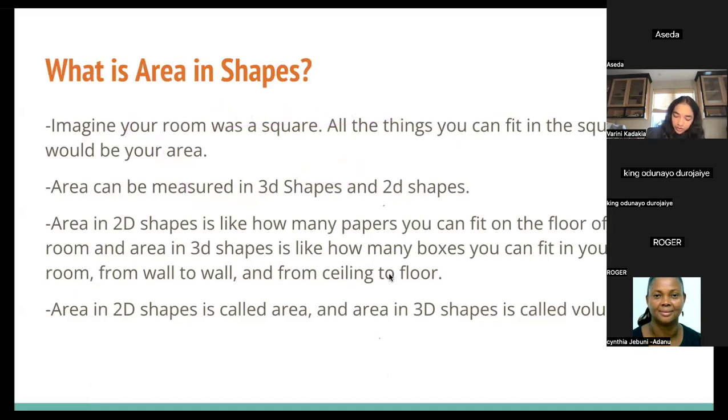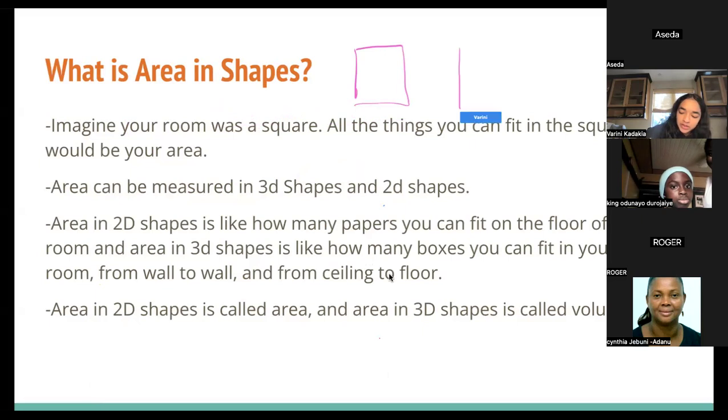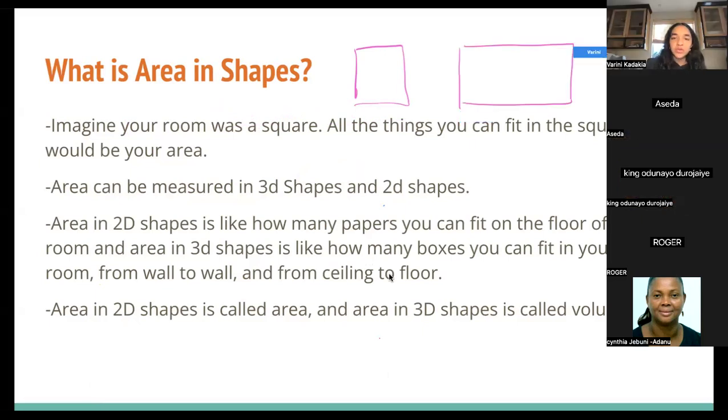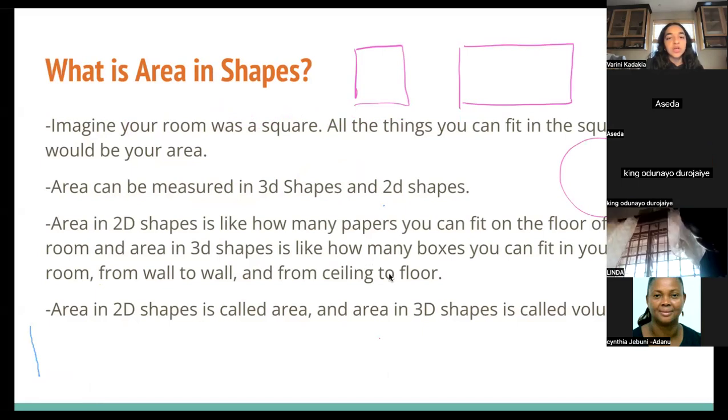You know how your room is maybe a square, or you have your computer, which has a screen that's maybe a rectangle, something like that. Those are all shapes. So we have squares, circles, triangles, all of those shapes.